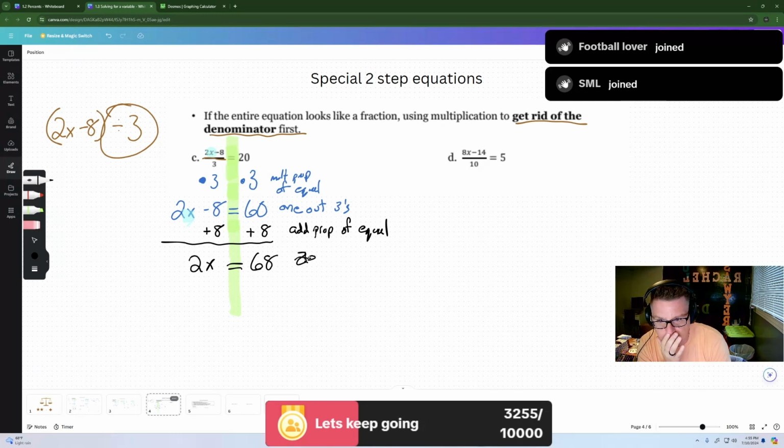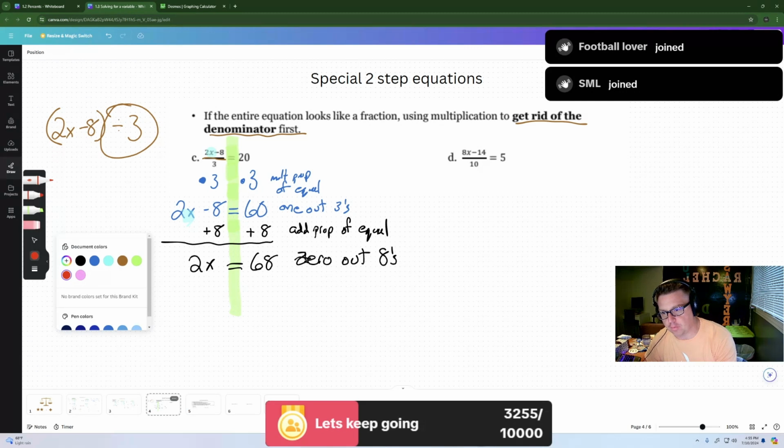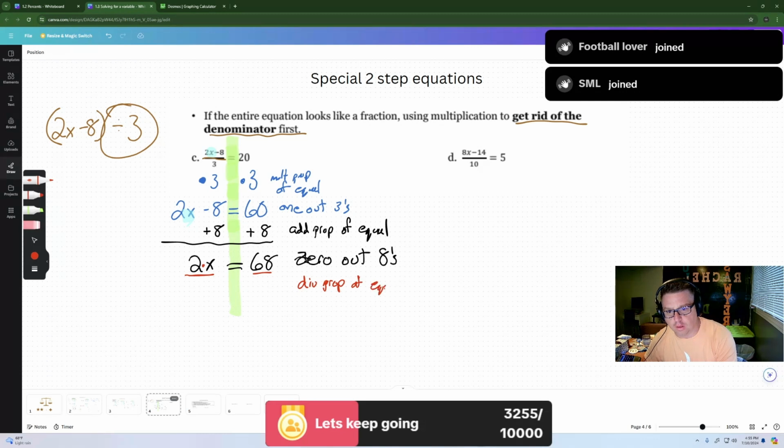And we zero out the 8's. And then your last step, 2 times x, we want to divide. Division property of equality.